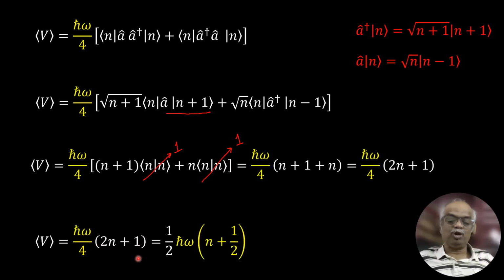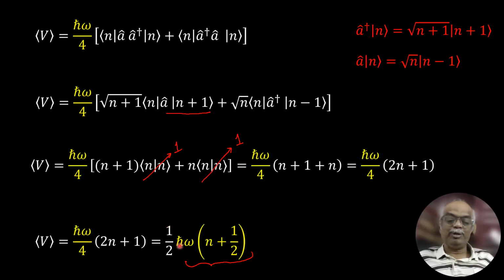This will become 1 over 2. So n plus 1 over 2, and this 2 and 4 will get cancelled. You will get half h cross omega times n plus half. You can see the parameter in the yellow color band. This is nothing but the energy of the harmonic oscillator.